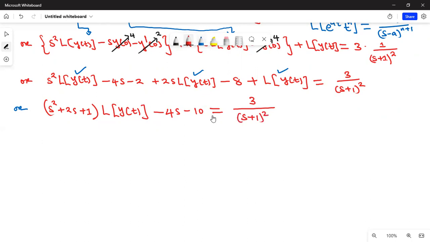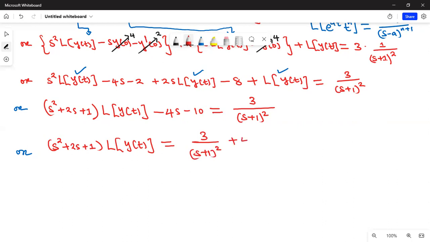And this could be written further as s squared plus 2s plus 1 times the Laplace transform of y of t is equal to 3 over s plus 1 squared. Then I can see plus 4s plus 10.